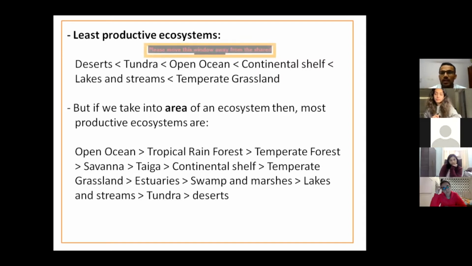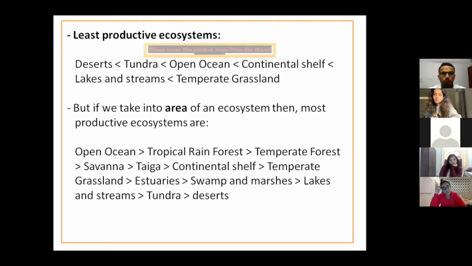Temperate grasslands are more productive than all these ecosystems that you are seeing on your screen as point number 1. Temperate grasslands like steppes, prairies. We will discuss steppes and prairies as temperate grasslands in our discussion of biomes. Fine. So I hope this is clear. These are the least productive ecosystems, and desert is the least amongst all of them.